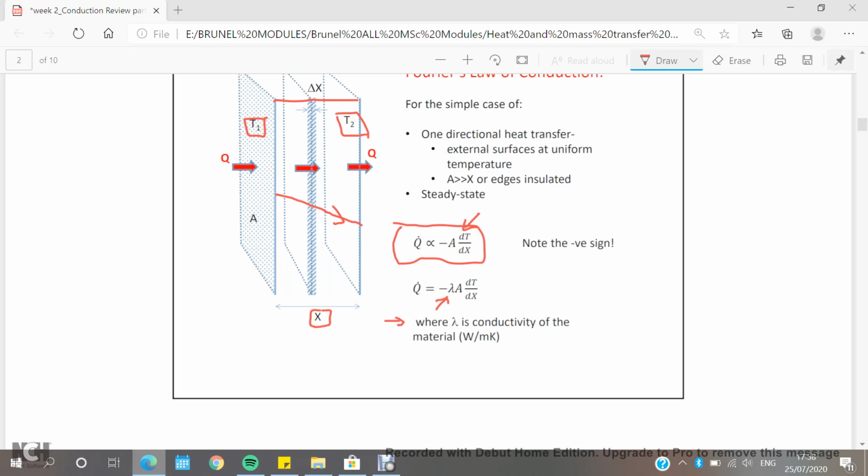Thermal conductivity changes from one material to another, and it can be considered one of the material properties. For instance, concrete has a higher thermal conductivity compared to fiberglass or air and so on. The thermal conductivity has a unit of watt per meter Kelvin, which means that when I'm using this equation, the thickness of the material must be in meters.